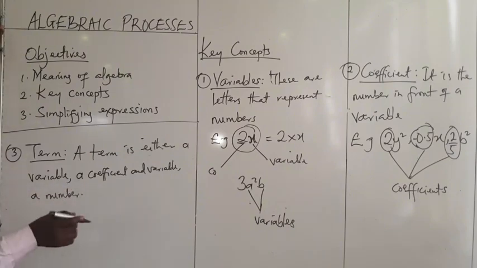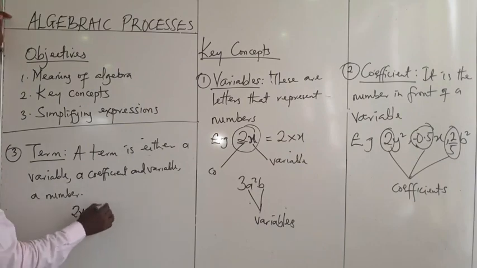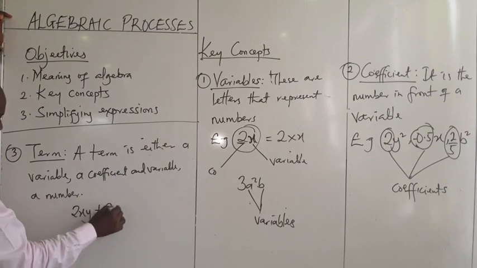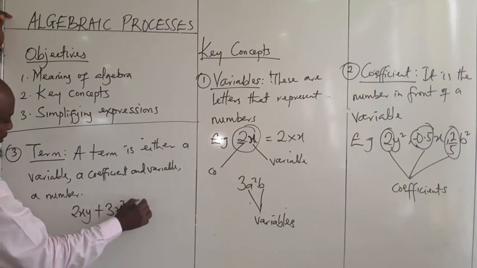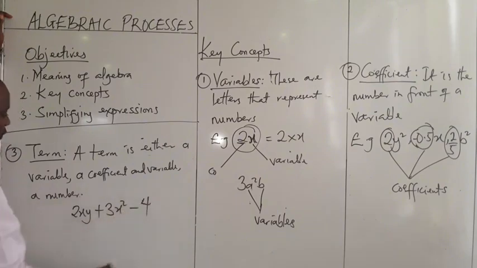Now, for example, you have this 2xy plus 3x squared minus 4 plus z. This as a whole is an expression.